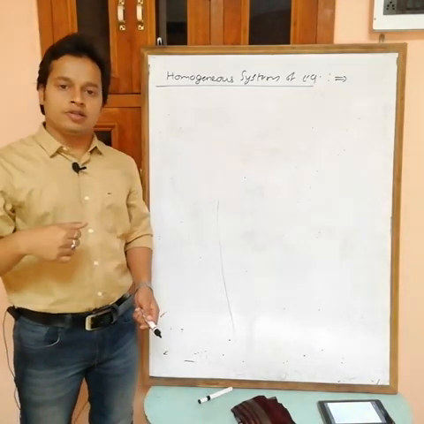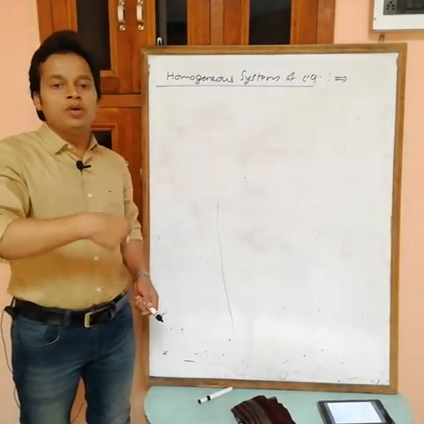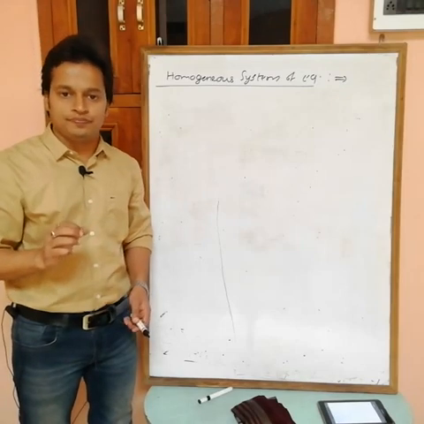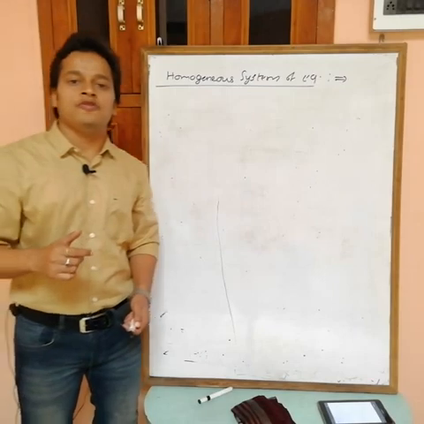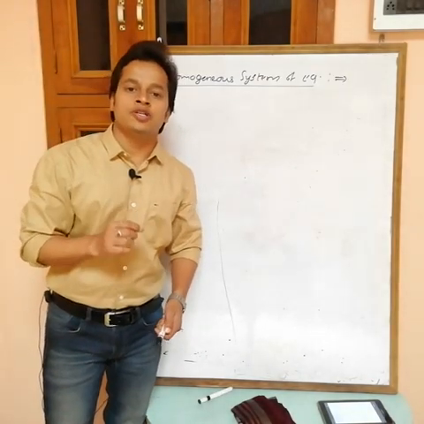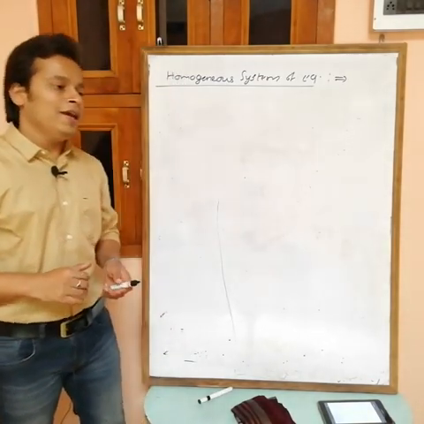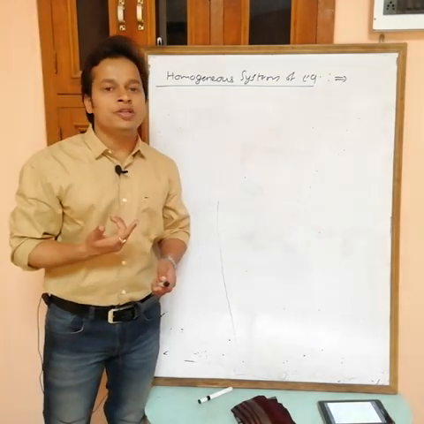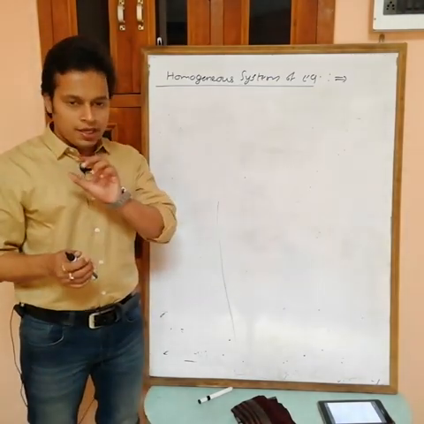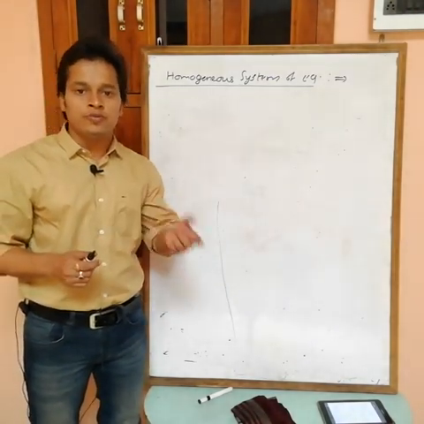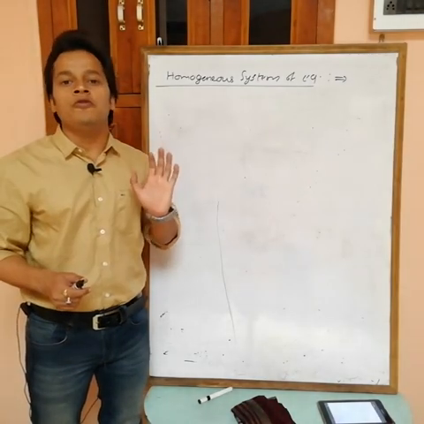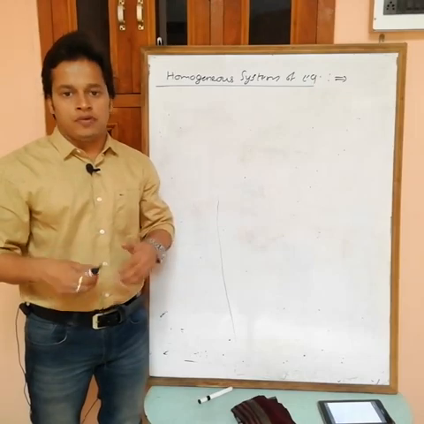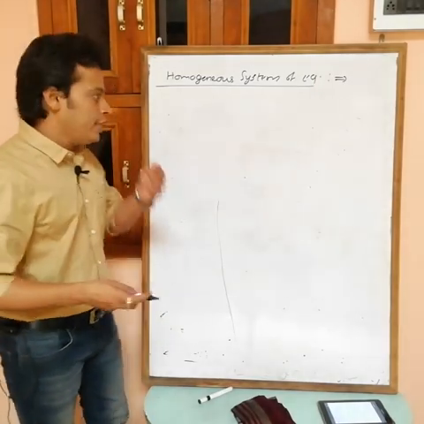Okay, actually in a system of equations, if all the constant terms become 0, then the system of equations is known as a homogeneous system of equations. Actually, the meaning of a homogeneous equation is that any equation is said to be homogeneous if in each term we have the same power of variable.